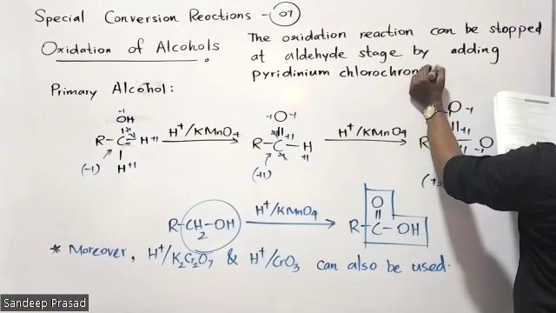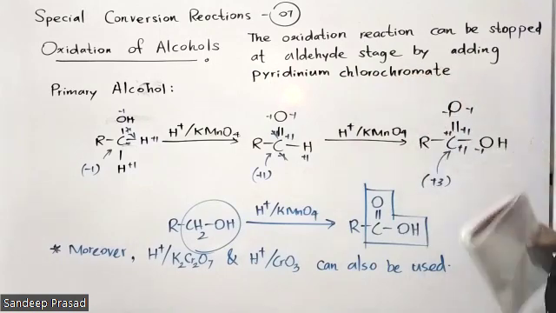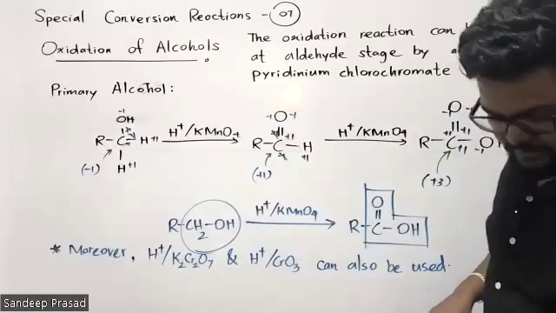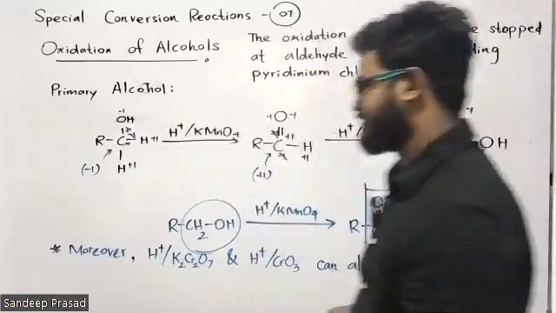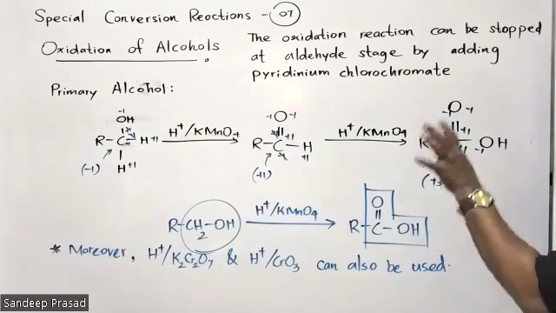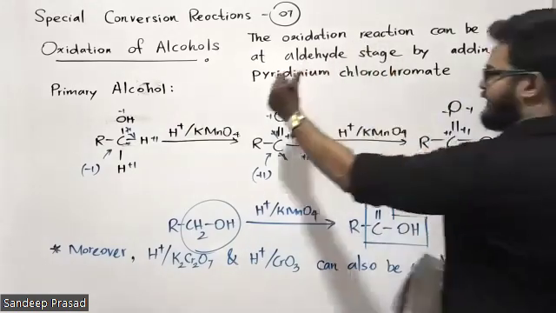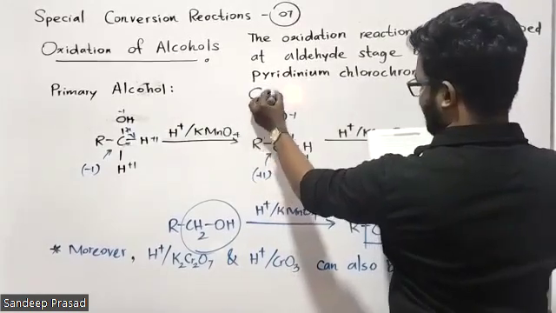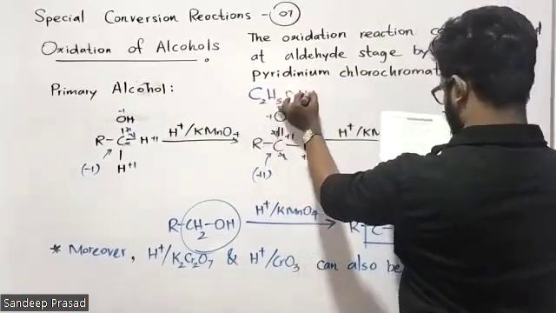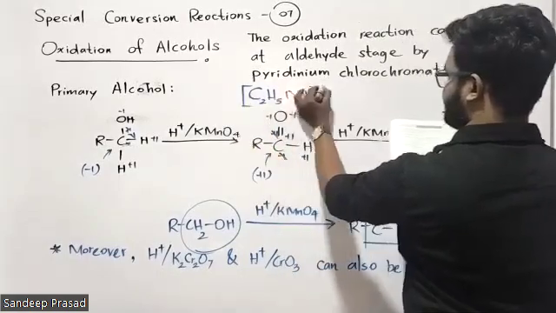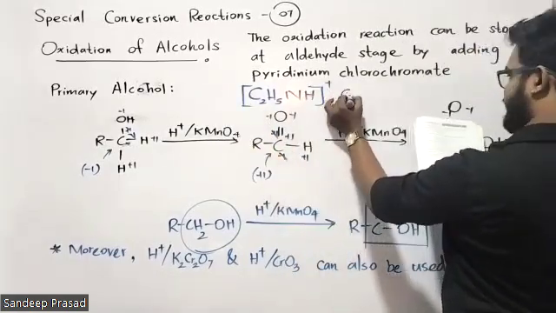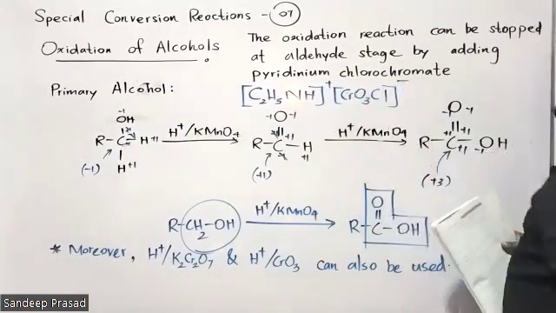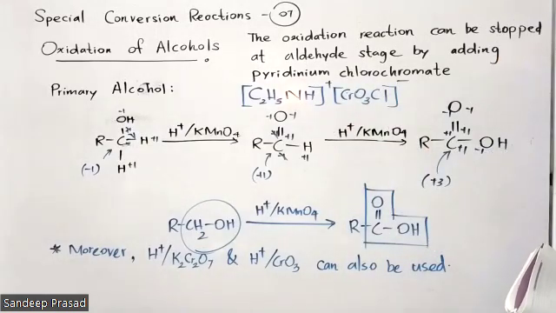Pyridinium chlorochromate. Remember, students, unfortunately, you have to remember the chemical formula of this one. We can't say that these things are not coming for the examination. You have to remember these things. Look at the pyridinium chlorochromate chemical formula: C5H5NH plus and CrO3Cl minus. So this is known as pyridinium chlorochromate, right?